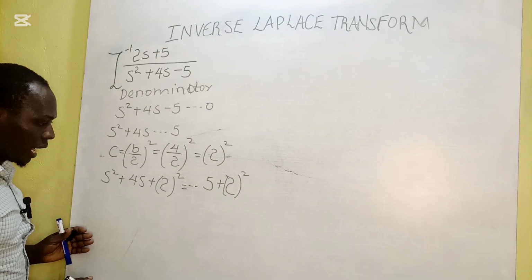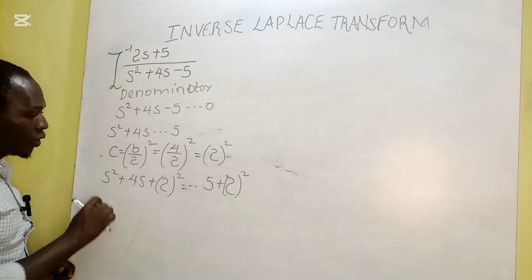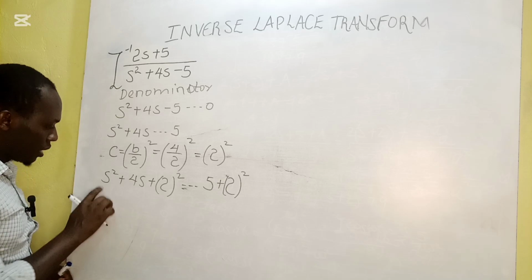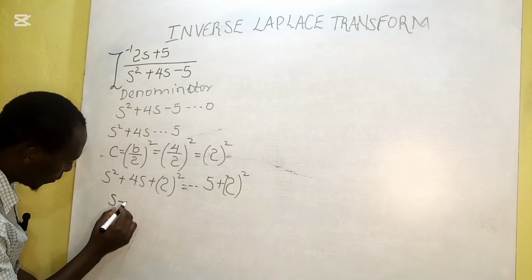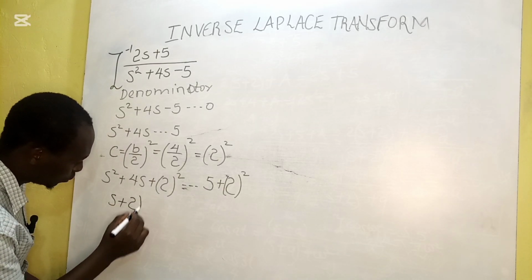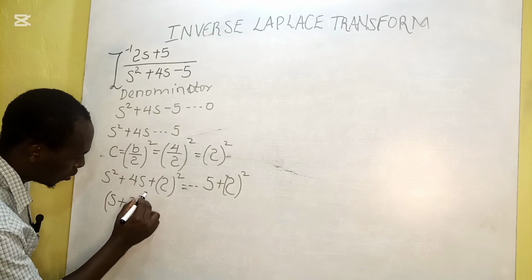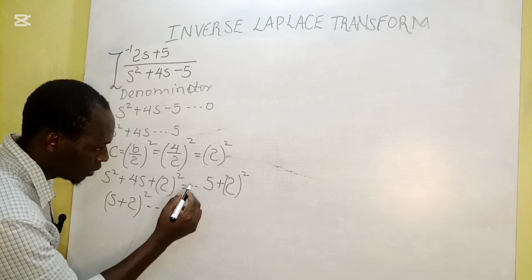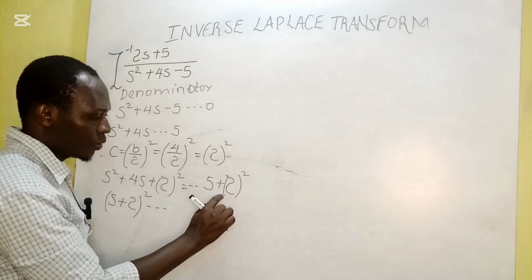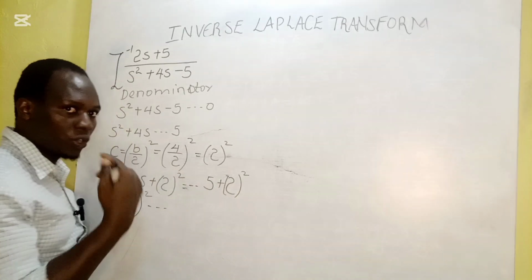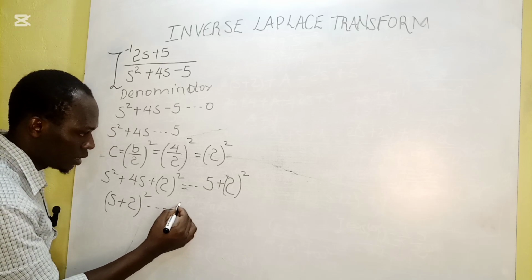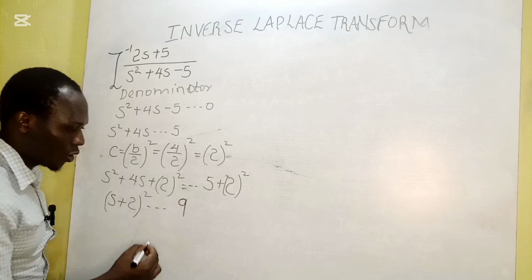Here, on our left hand side, we are going to collect the common term. s plus 2 will form a common term of squared. And on this side, we are going to have 2 squared, which is equal to 4. When we add 5, we are going to have a positive 9.